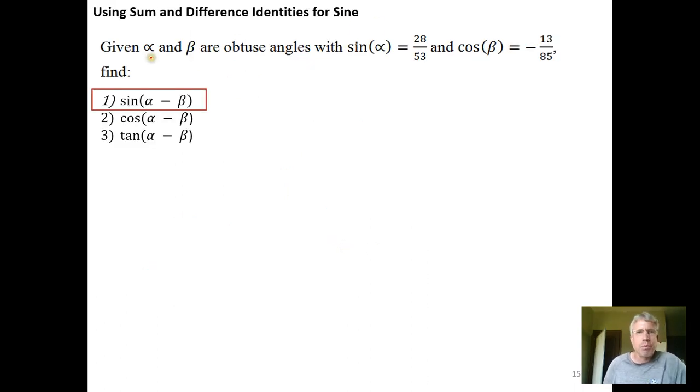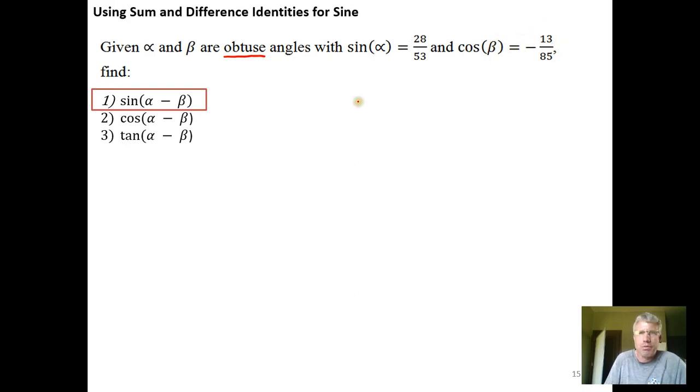So in this example, we're given obtuse angles, so angles that are between 90 degrees and 180 degrees, with sine of alpha equaling this side ratio here, and the cosine of beta equaling this side ratio here.